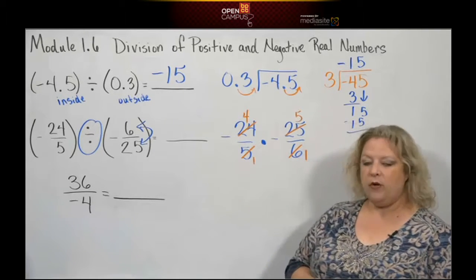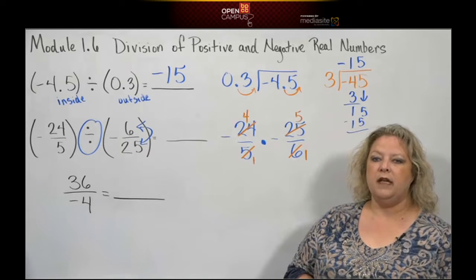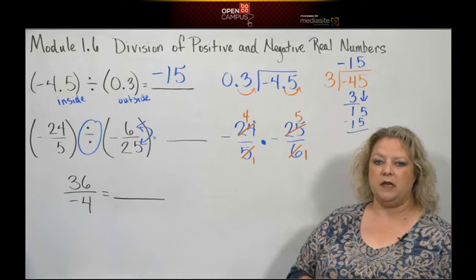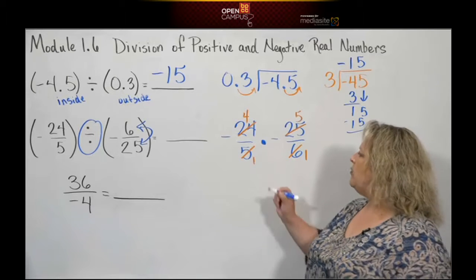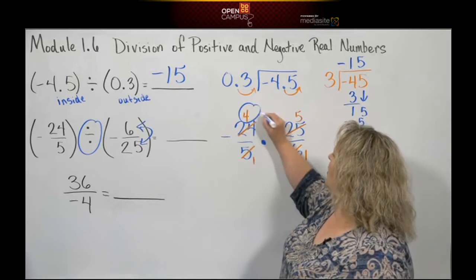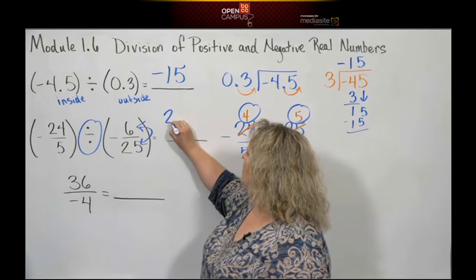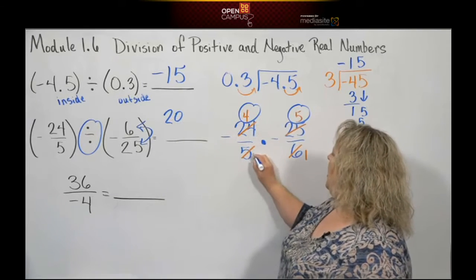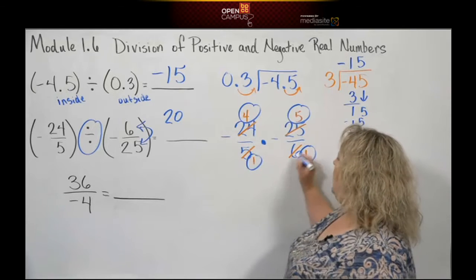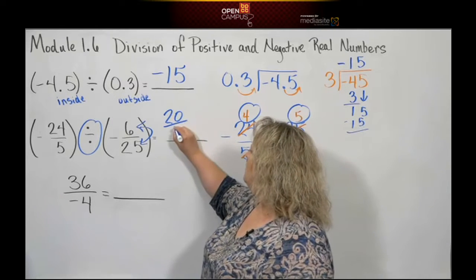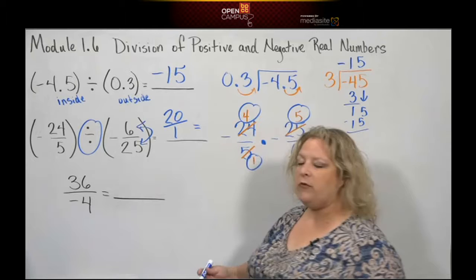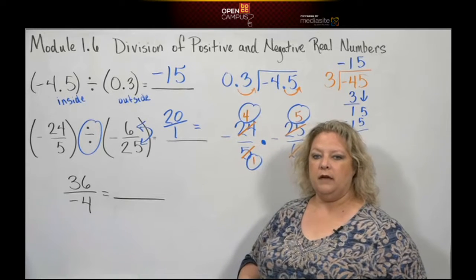Now the numbers are so much smaller to deal with, it's easy to multiply top times top and bottom times bottom. So when I do that, I have 4 times 5, which is 20. On the bottom, I have 1 times 1, which is 1. Now, do we really write 20 divided by 1?